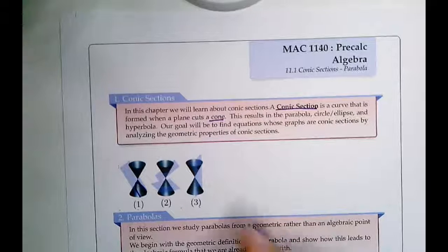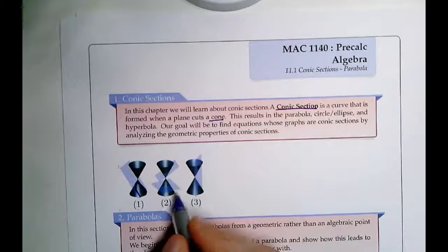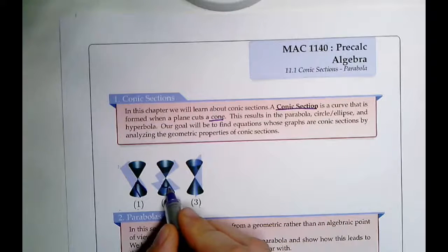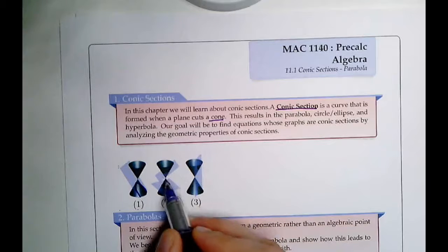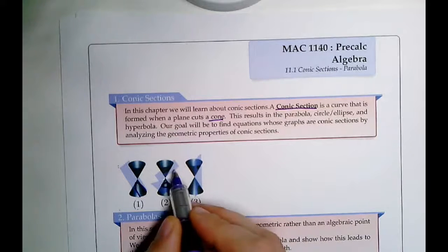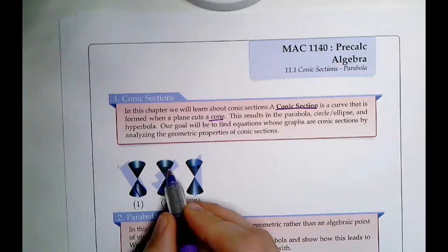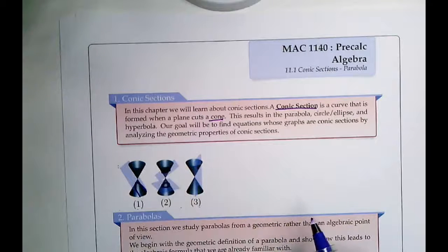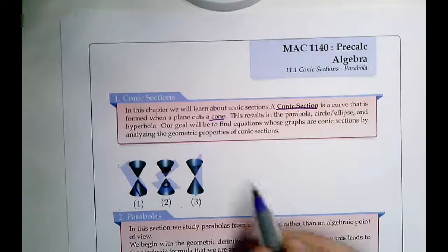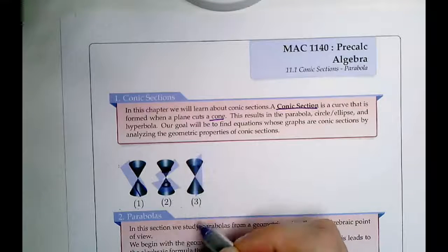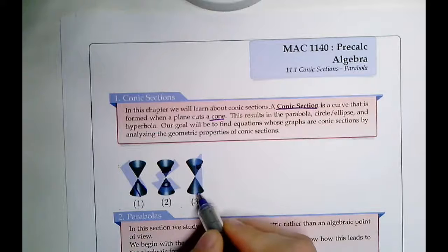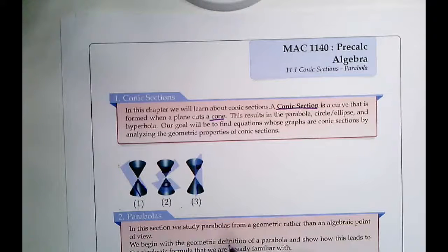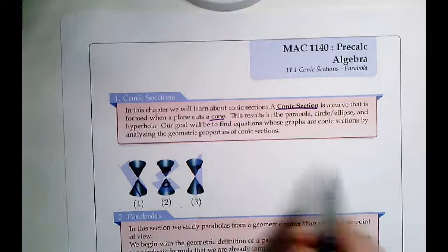You can also cut it horizontally like this, and then the shape that you're going to get is a circle. Or if you cut it at an angle, you will get an ellipse. And if you cut it straight through vertically, you're going to get these two symmetric parabolas.